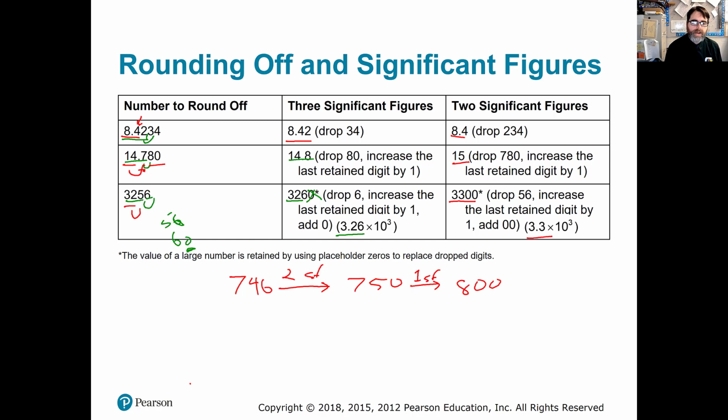Whereas if we round directly from the original to 1 sig fig, then the 4 is going to cause the 7 to not round, or we'll say we round down from 746 to 700. And so obviously there's a difference between these two here. And so personally, I always go back to the original number for more accurate rounding.